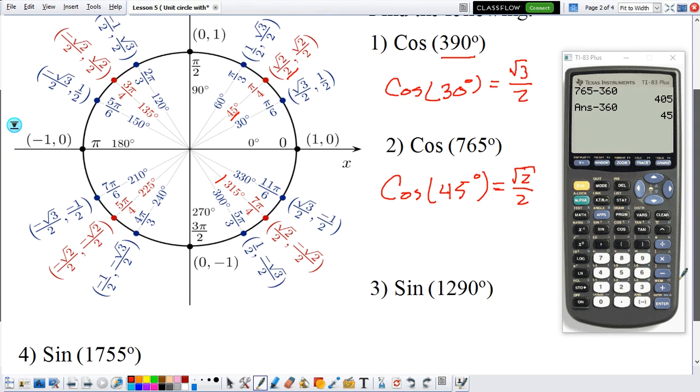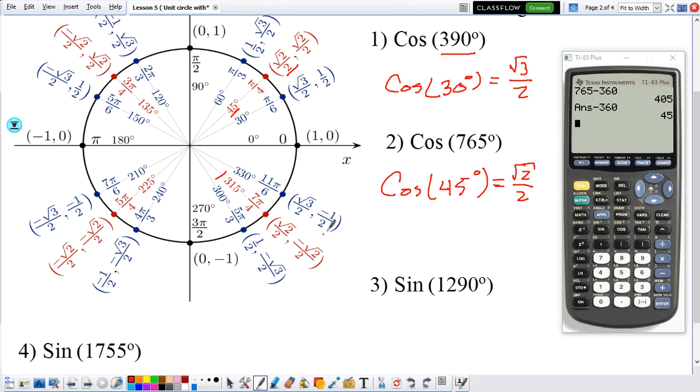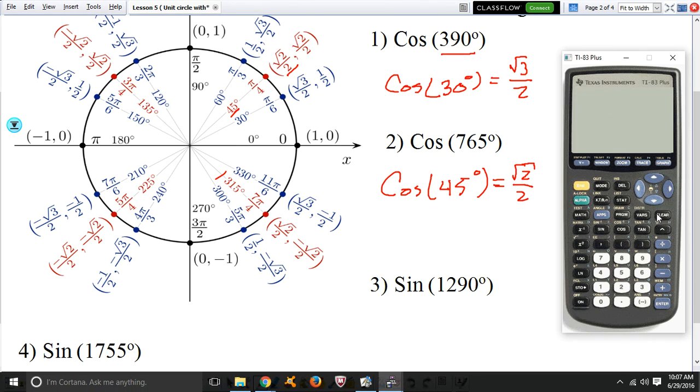Let's do one more example here. Well, two more, I guess. Let's do number 3. Now we're going to find the sine of 1290. Notice that 1290 is not on the unit circle. It's greater than 360. So we first want to make our domain be between 0 and 360. You get your degree, 1290, and subtract 360. That gives 930, still greater than 360, so we subtract again.